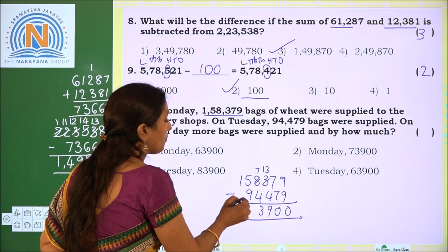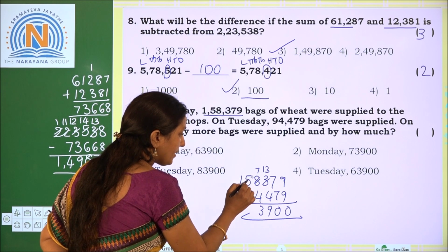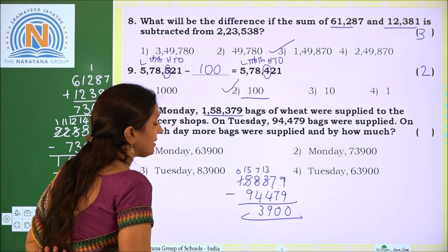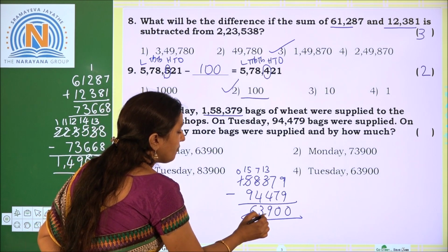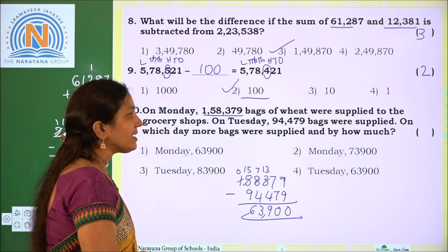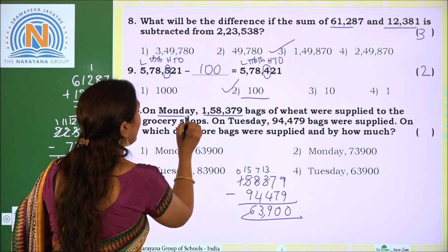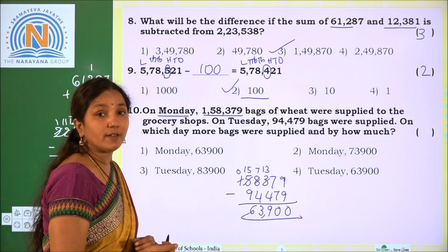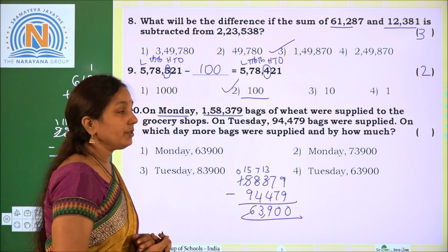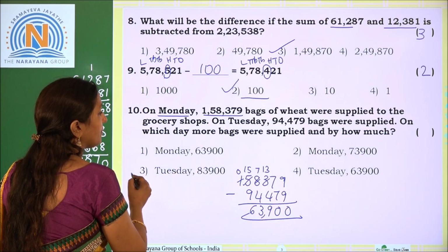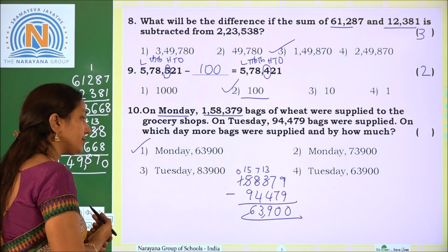So we have to regroup it. So this 5 will become 15. 1 will become 0. 15 minus 9 is 6. We get 63,900. So on which day? Means on Monday, 63,900 bags were supplied more. So which is the correct option? Monday, 63,900 bags. So the correct option is 1.